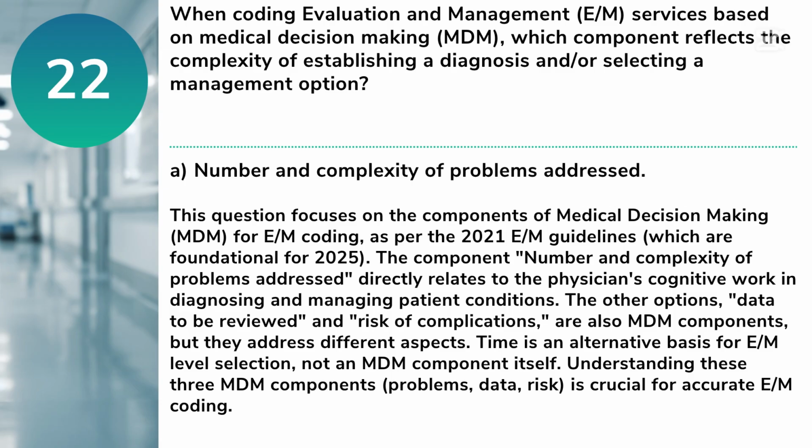The other options, data to be reviewed and risk of complications, are also MDM components, but they address different aspects. Time is an alternative basis for E/M level selection, not an MDM component itself. Understanding these three MDM components, problems, data, risk, is crucial for accurate E/M coding.